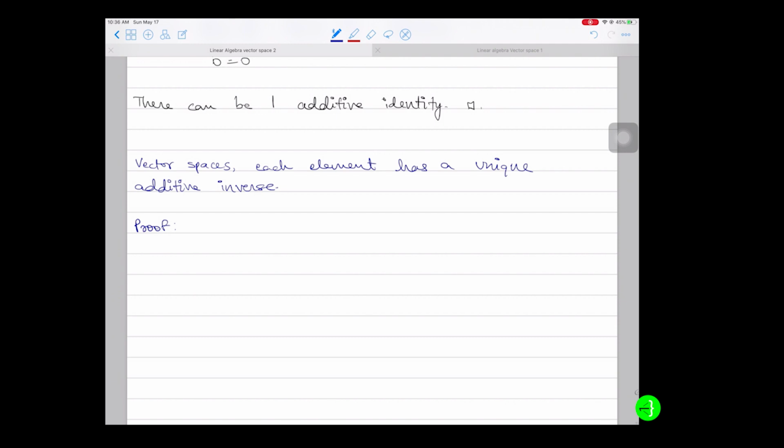So let U be an element of the vector space V, and assume that we have V and V bar as the distinct additive inverses of U.